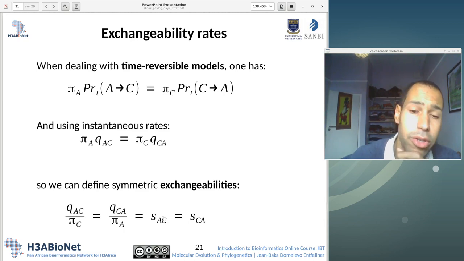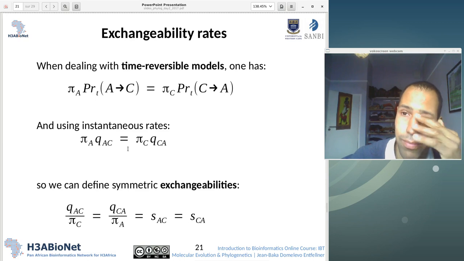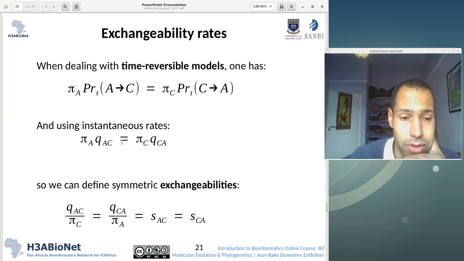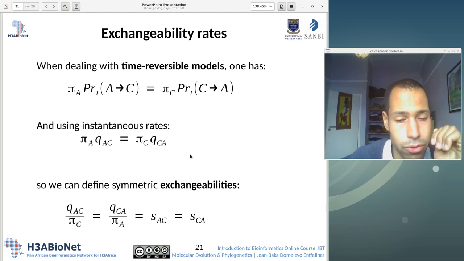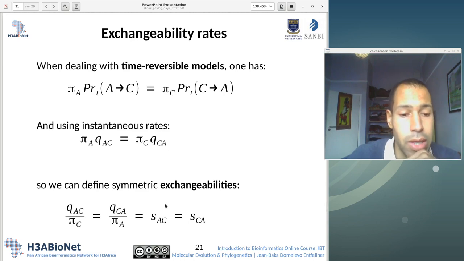Instead of having to give the 16 instantaneous rates, if you think about a 4 by 4 matrix that will describe our model, instead of having to give the 16 QAC, QCA, QAG, QGA, QTC, QTG, QGT, etc., all these 16, you can give the exchangeabilities.